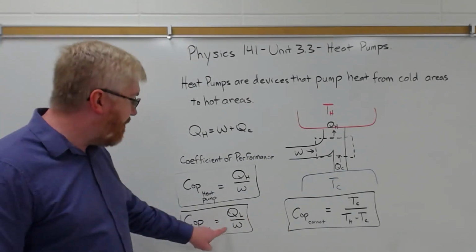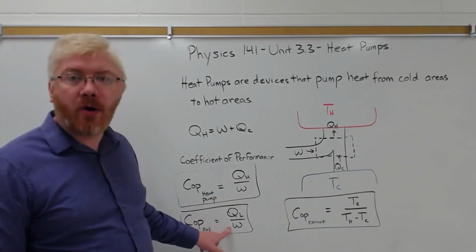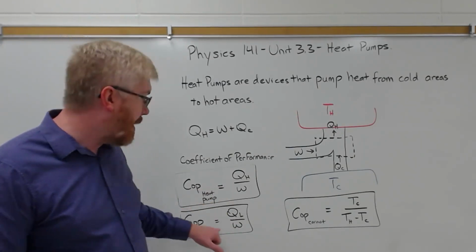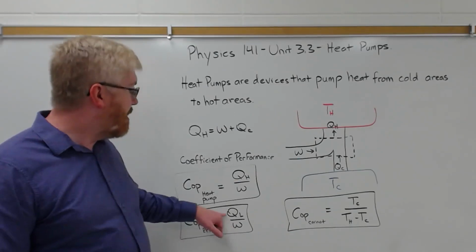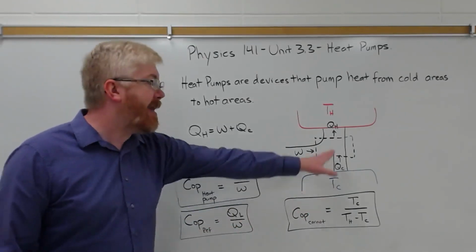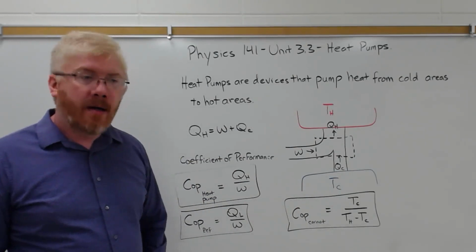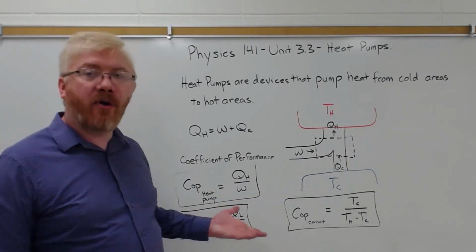If for every 1 joule of electrical energy used, 10 joules of heat energy are removed from the interior of a refrigerator, then the coefficient of performance would be 10.